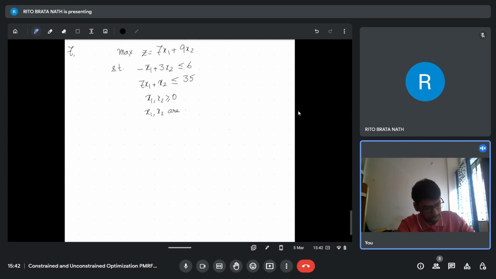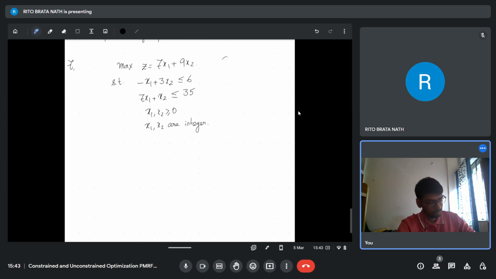So that's the extra condition that you have. Solve this integer program by Gomory's cutting plane method.